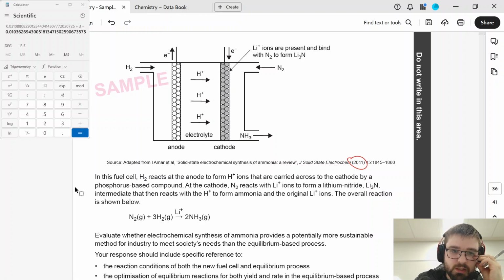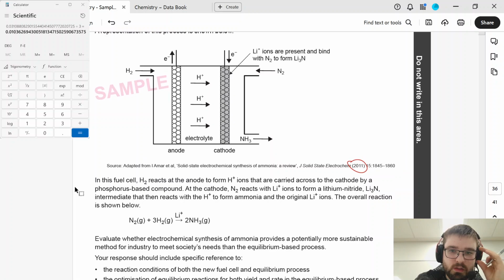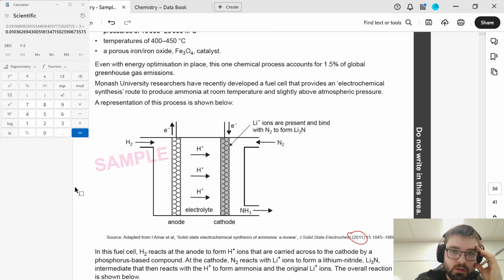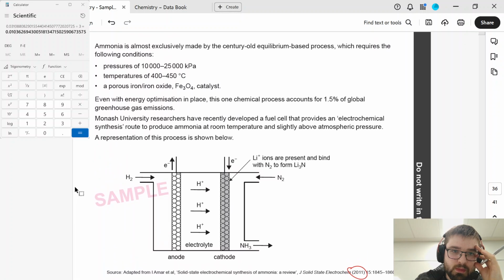I'd have to look at it. As in, it is saying it's a fuel cell. Hmm. So you could basically say that there's less electricity, so therefore less greenhouse gas is going to be produced, making the electricity to run the process in the first place.